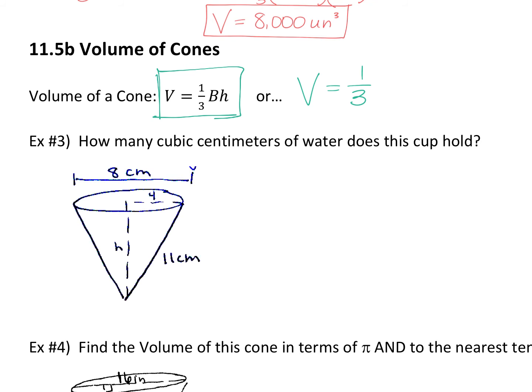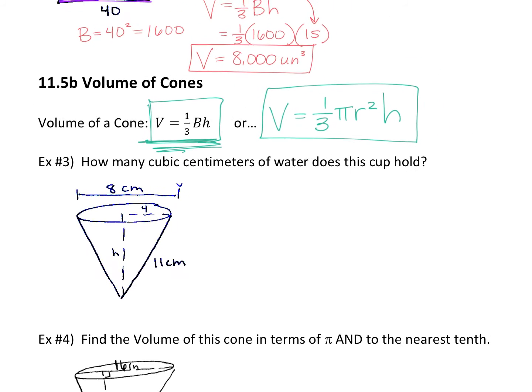B is what when you have a circle involved? Pi r squared, right? And then times the height. So I don't care if you want to memorize that. I'm going to give you 1/3 BH. If you need to think of it as 1/3 pi r squared h, or you would like to think of it that way, you are welcome to. That's up to you.